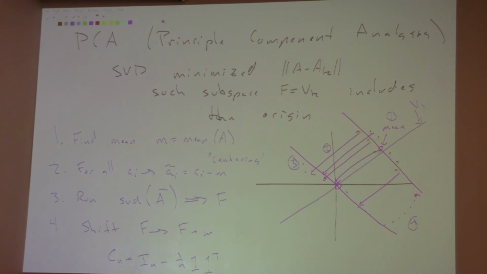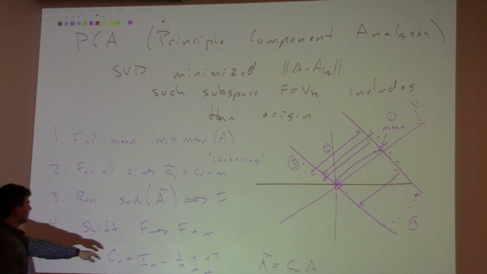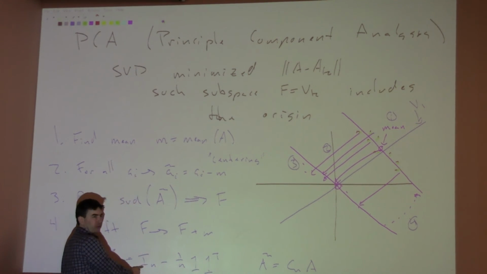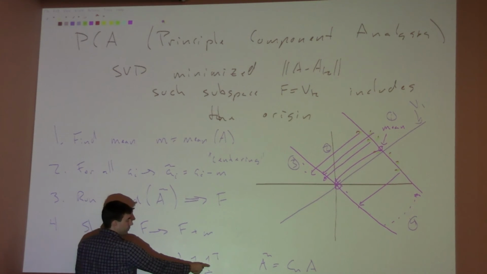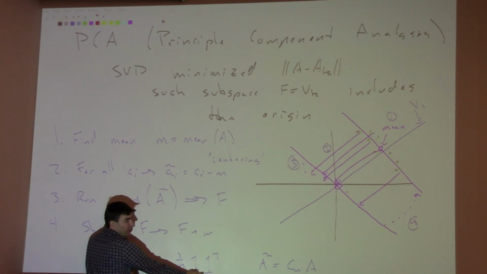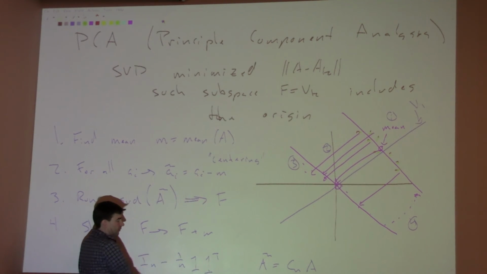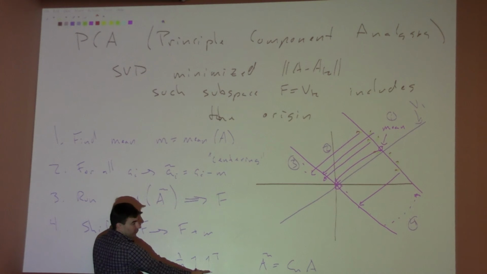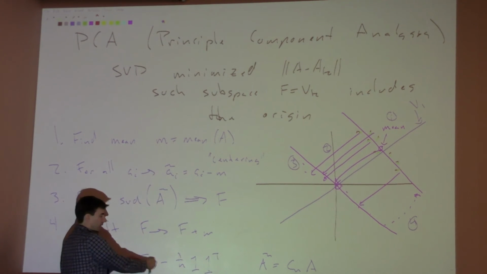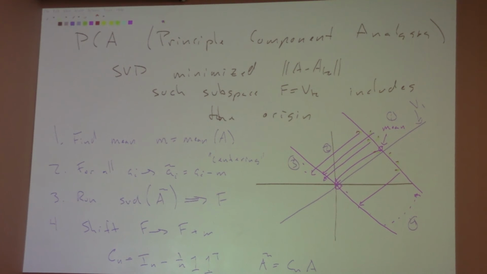And so I can write that A tilde equals C_n times A. This matrix itself is dense, but this operation is sparse, so you can do this very efficiently. Because this becomes an all-ones n by n matrix, which you don't want to actually create, but you can multiply them piecewise using linear operations. So you can do this pretty quickly, and then you just call the SVD on this A tilde.